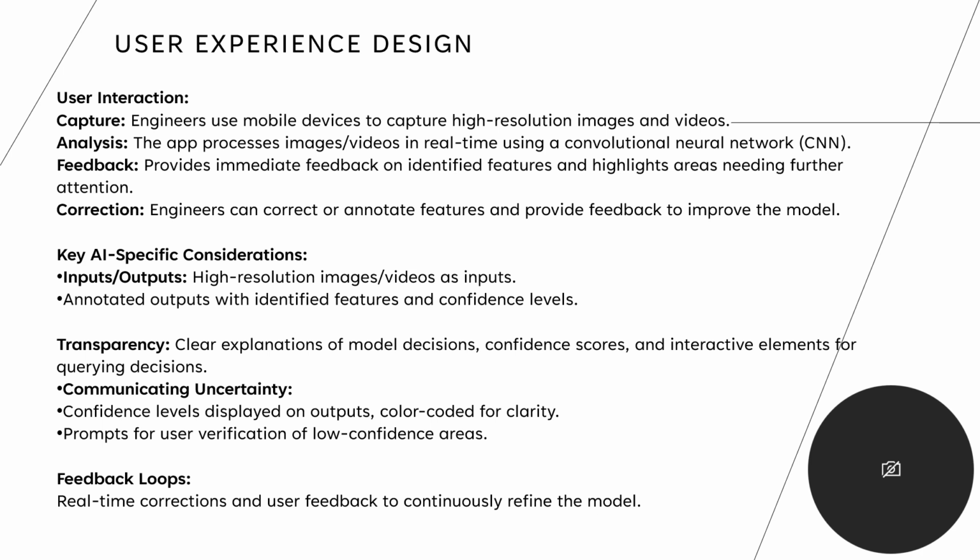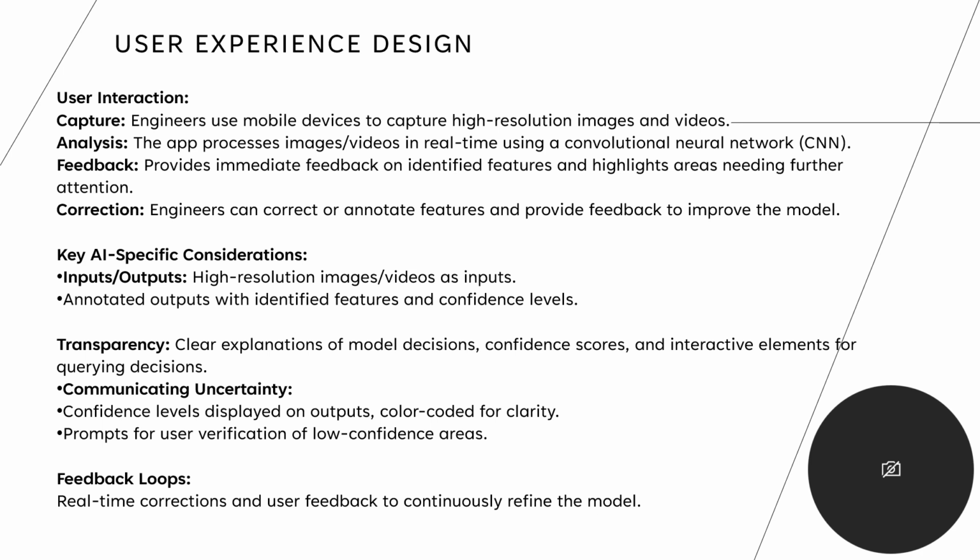For transparency, a clear explanation of the model decisions, confidence scores, and interactive elements to query decisions will be provided. There is a need for communicating uncertainty so that the confidence level can be boosted for the users. So confidence levels are displayed on outputs, color coded for clarity. These kinds of UI features will be used, along with prompts for user validation in case of low confidence areas.